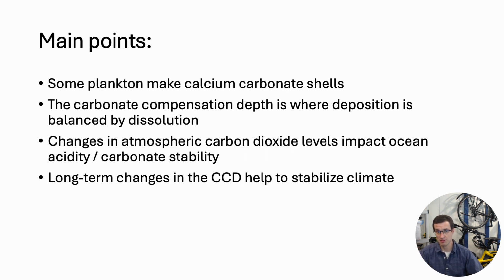Now if you change atmospheric CO2 levels, that can impact ocean acidity, whether or not carbonates are stable at a given depth range, and so that therefore changes the CCD. And these long-term changes in the carbonate compensation depth, by then acting in opposition to whatever atmospheric signal, whether it's an increase in CO2 or decrease, help to stabilize climate.